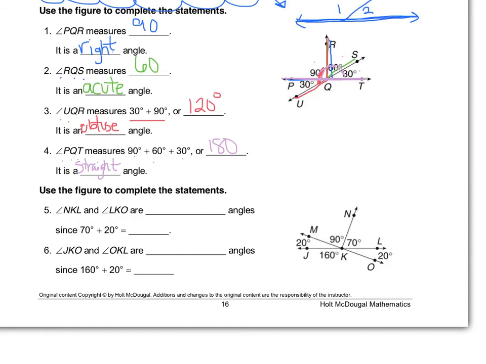Now let's look at this diagram. We're looking at this diagram right here to answer the following questions. They're going to help us out a little bit too. They even tell us what to add. NKL. So I'm going to come over here and look for NKL.